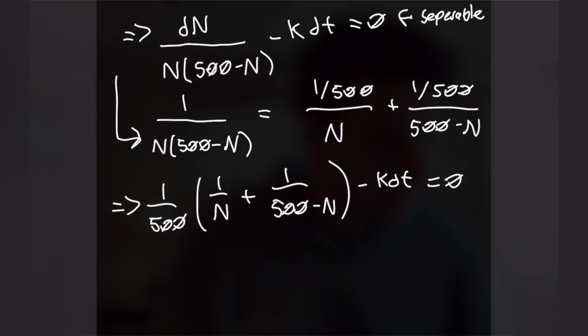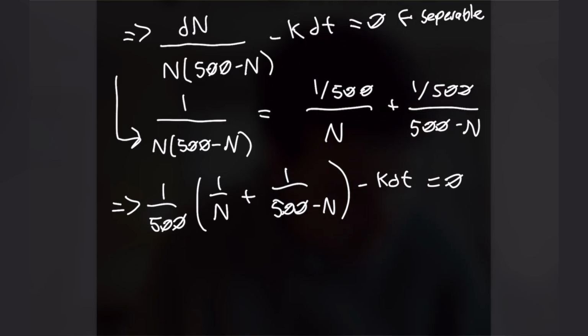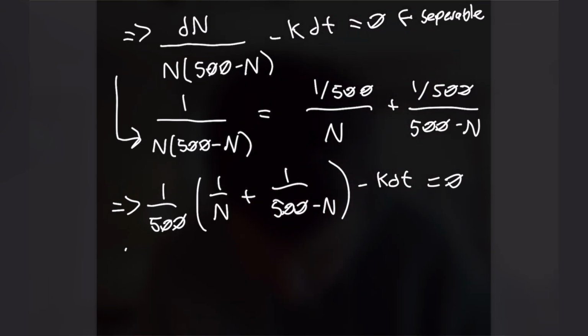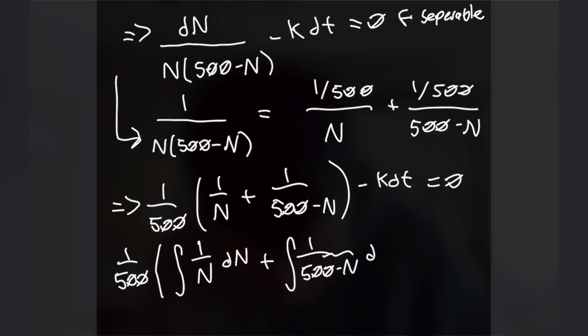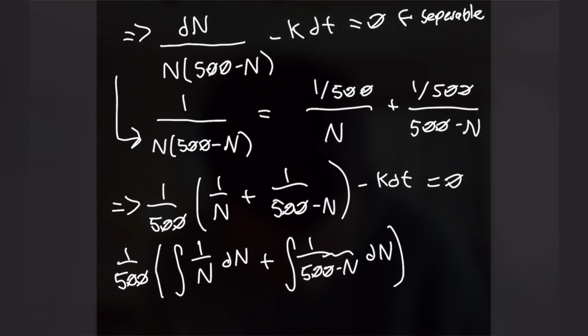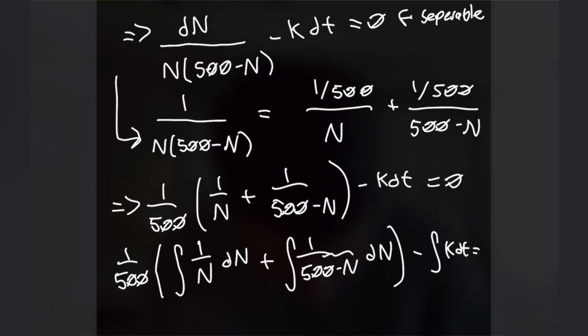So now we can take the antiderivatives of these terms. So we'll get our 1 over 500 way out in front, and that's going to be times the integral of 1 over n dn plus the integral of 1 over 500 minus n dn. And then we will have minus the integral of k dt, and that's still going to equal 0.